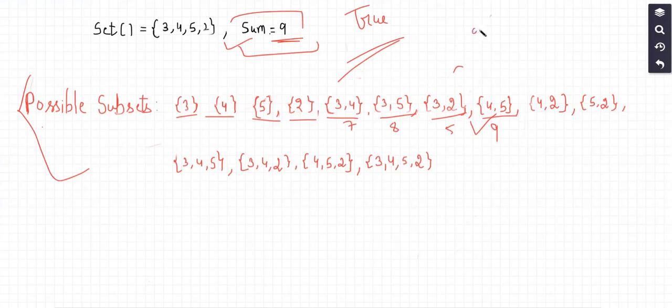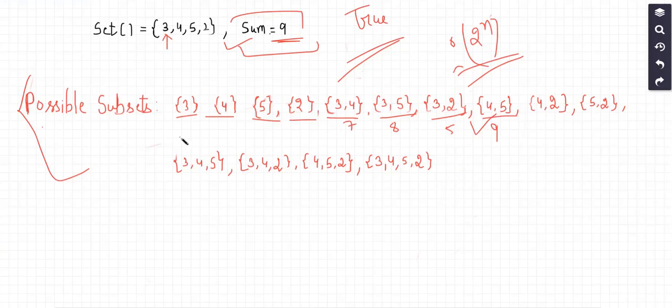To generate all the subsets, we have an algorithm which runs in big O of 2 raised to the power n time complexity. In this algorithm, we try to generate all the subsets starting from the first integer, and there are two options: either take that integer or do not take that integer into the current subset, and so on.